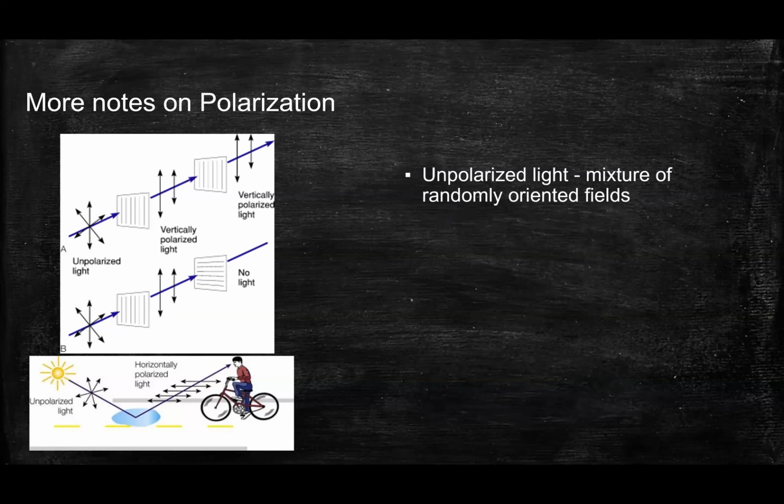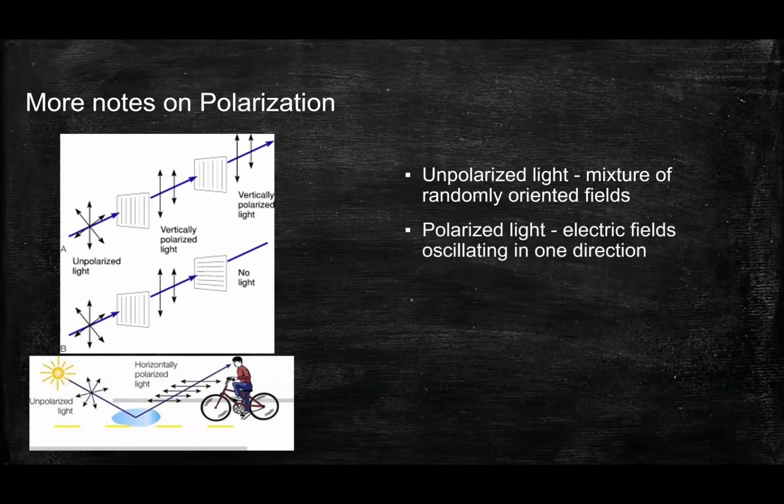So unpolarized light is a mixture of randomly oriented fields. Polarized light is really electric fields oscillating in one direction. And with two filters, passage depends on the alignment of the filters. And we can have cases where the filters are so aligned that there's no light passing through.